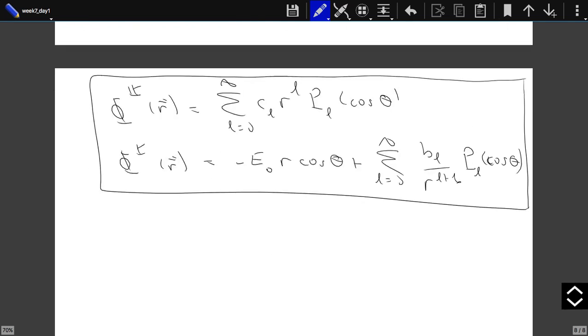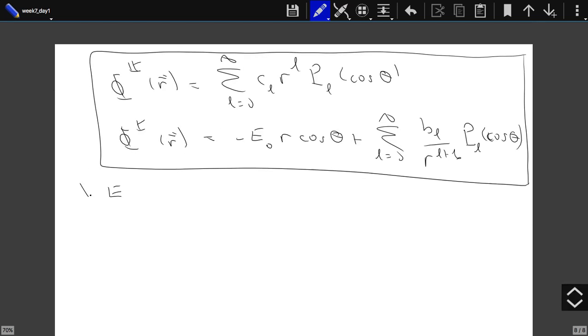So these are the potentials in region 1 and region 2, the things that we can obtain only by imposing the boundary condition at infinity and the finiteness at the origin.